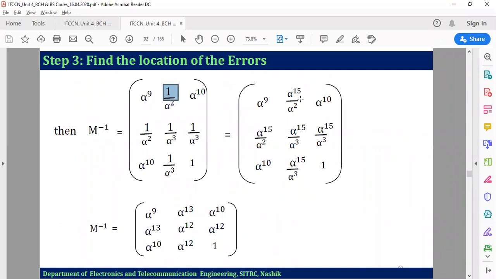So all these ones will be replaced by alpha 15, and then take the division. So alpha 15 by alpha 2 is what? Alpha 13. Similarly, alpha 15 by alpha cube will be what? Alpha 12. Okay. So write this down.